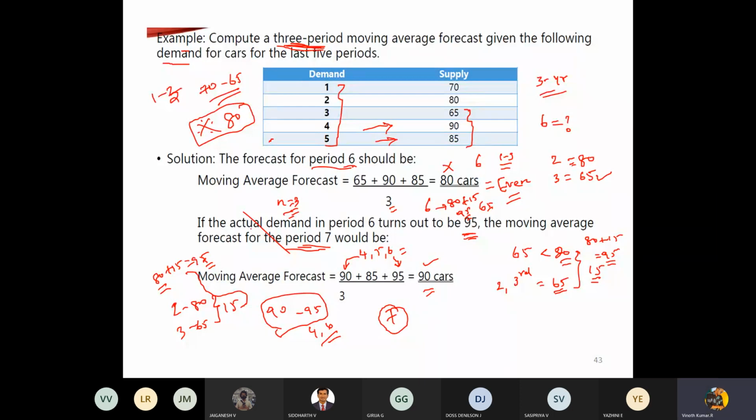Just take down this problem, and make a tabulation like this. First column is time, and second column is demand.